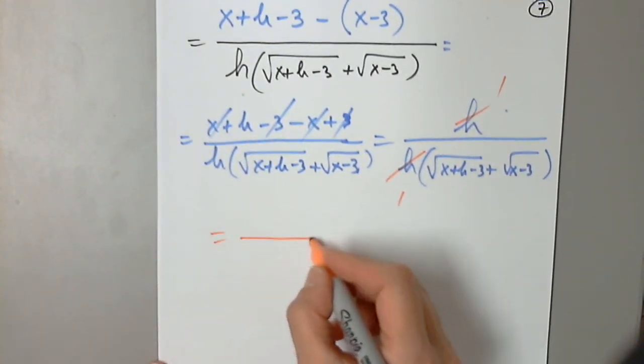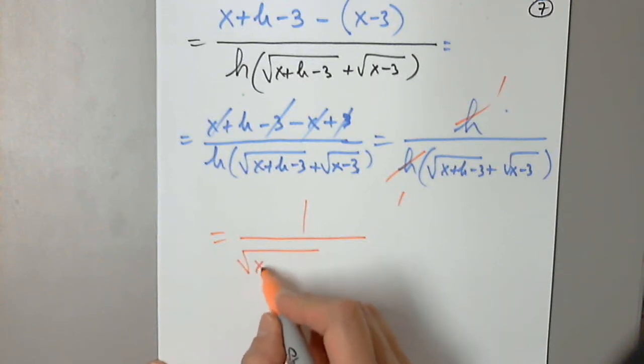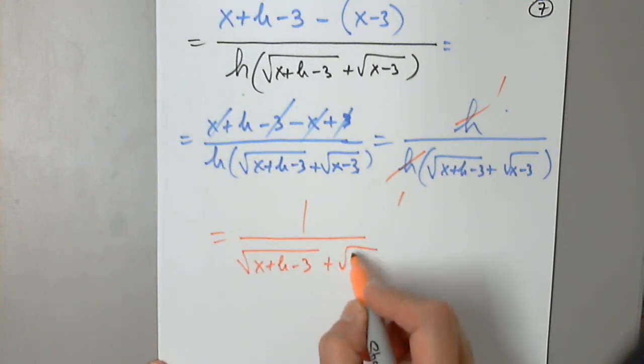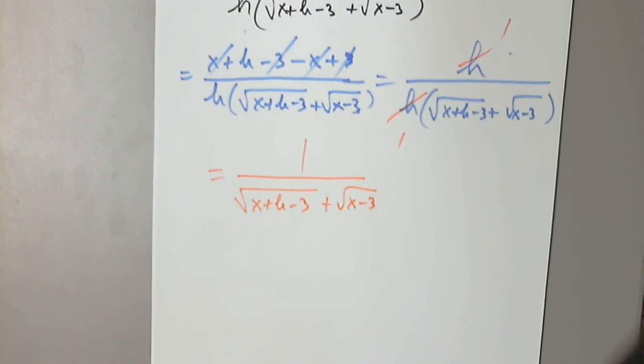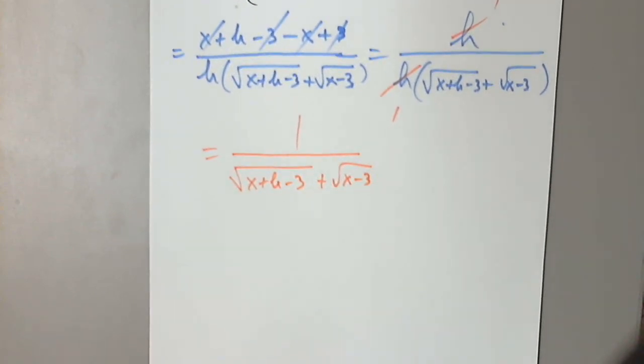So for this particular function, the expression that gives the rate of change between two close points is this. Questions from me here?